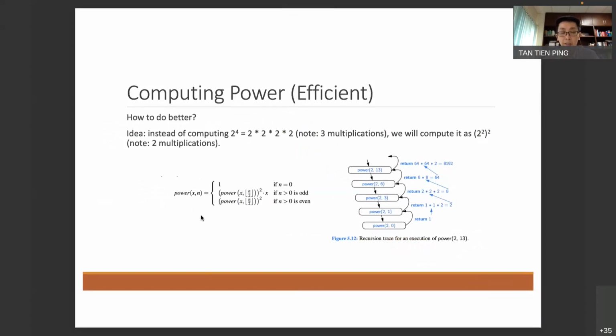Another way of computing power is using this approach, using these recurrence equations. N equals 0 is 1, right? So if you look at the n, every time it is divided by 2.